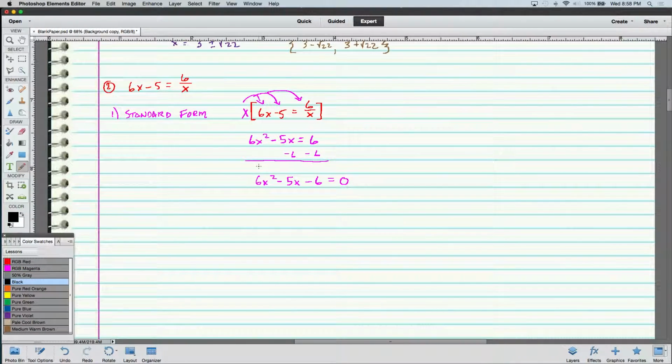And standard form shows that this is A, that is B, and that is C. So the second step is move the C to the other side.